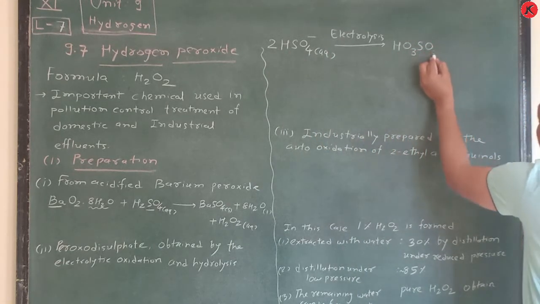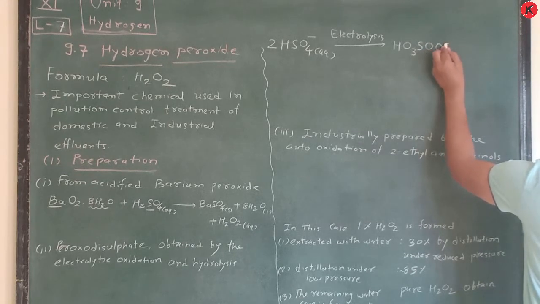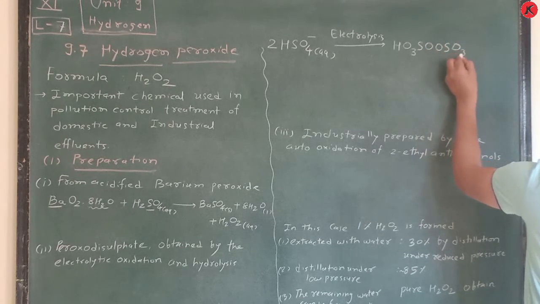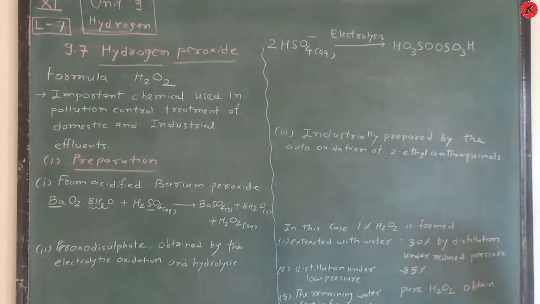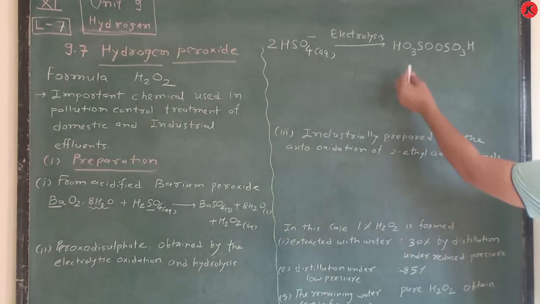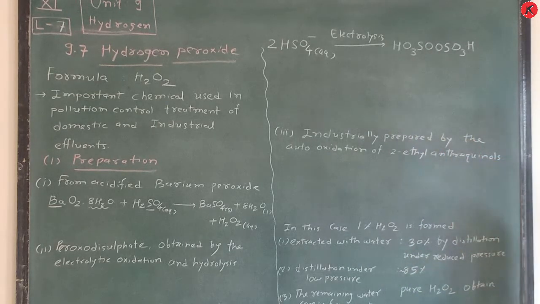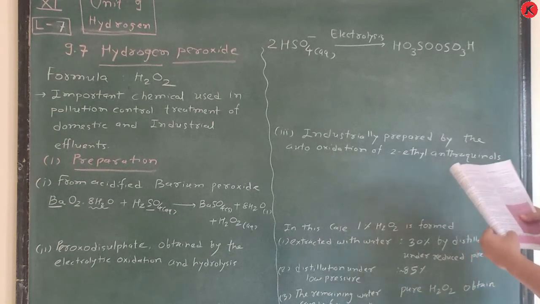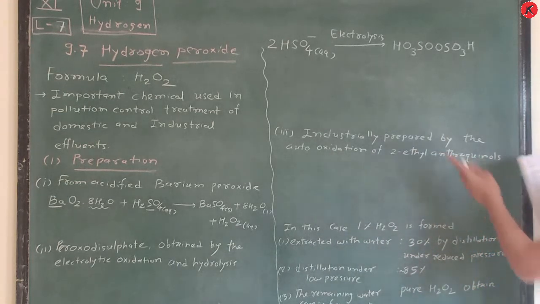Once again, write the mirror image, O3S and H. This contains a peroxide linkage, and the name is peroxodisulfate.